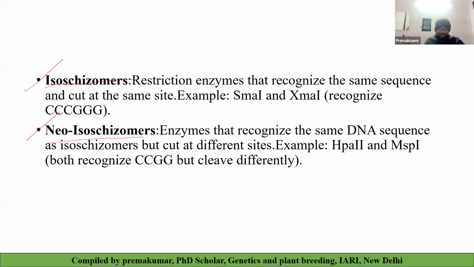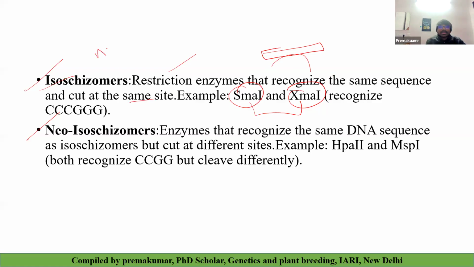Yesterday I was unable to pronounce this actually, that's why I kept the slides. Isoschizomers and neoschizomers. Isoschizomers are enzymes, for example SmaI and XmaI, having the same recognition sequence and they cut at the same site.